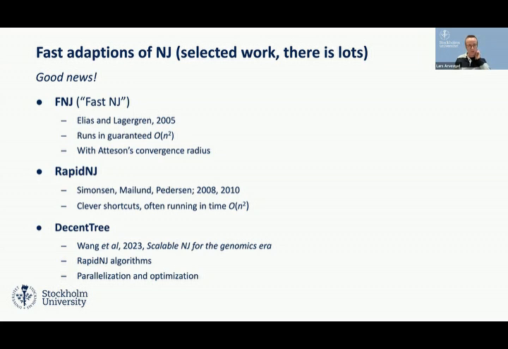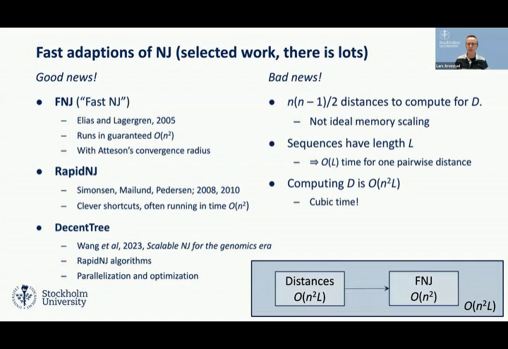However, regardless of which avenue forward you start, if you change your heuristic or if you improve your engineering, you will still have some limitations here. And this limitation is due to the fact that you need distances as input, or rather a distance matrix. So you have a quadratic number of distances to be computed, and each of these distances needs at least time scaling as the length of the sequences.